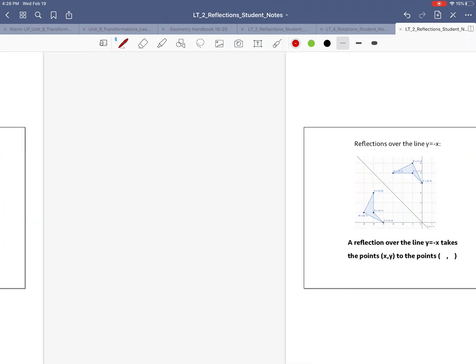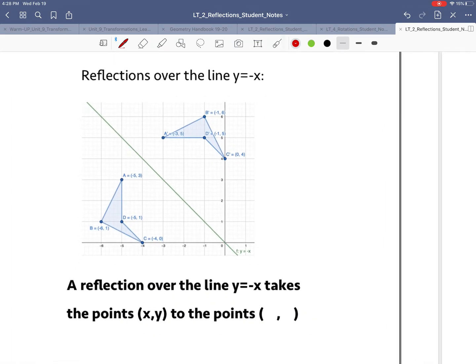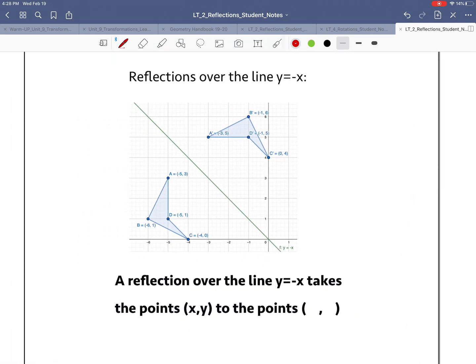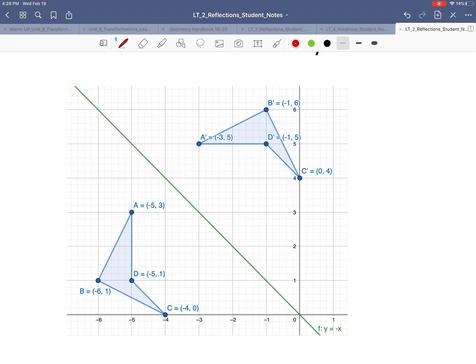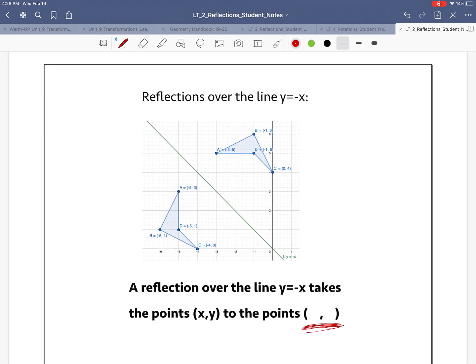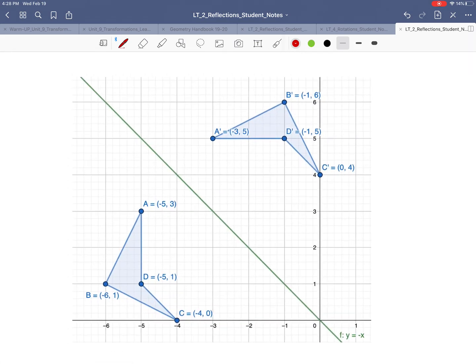So, there we go. Now, if we look at reflections over the line y equals negative x, I want you to pause the video, try to see if you can figure out on your own what goes here. Alright, so it looks like if we compare all of the different points here, the x and the y are flipping values, and also both are opposites.